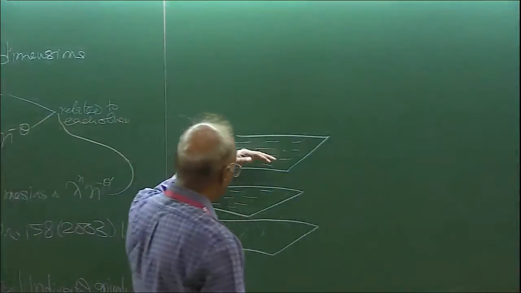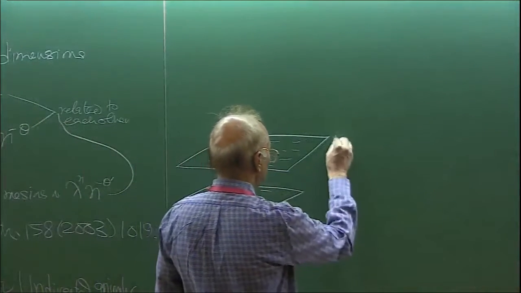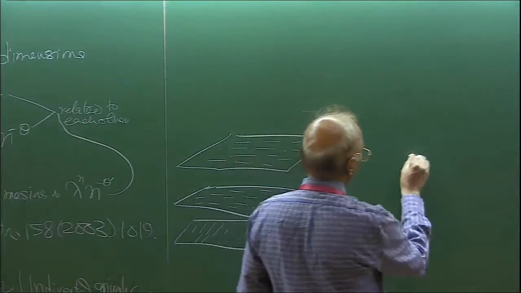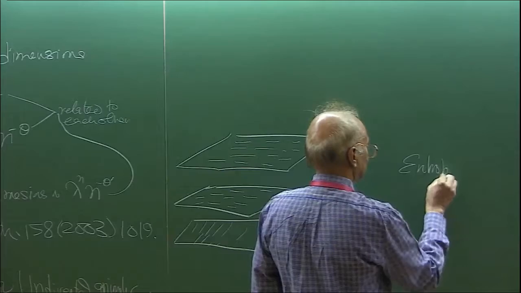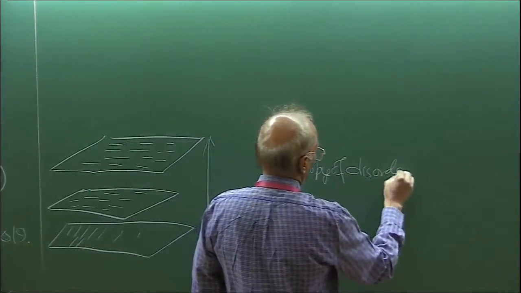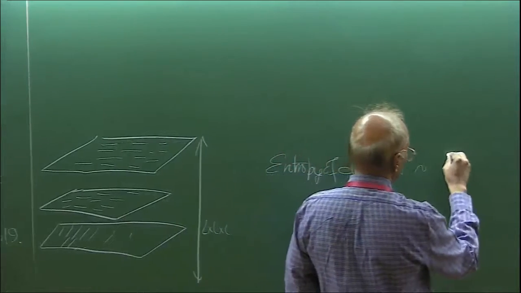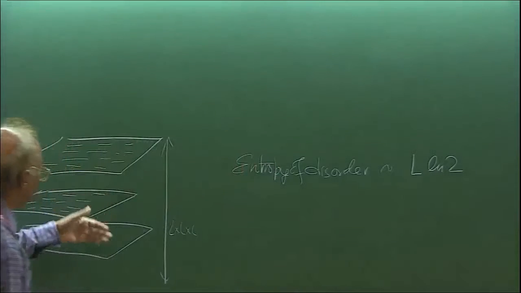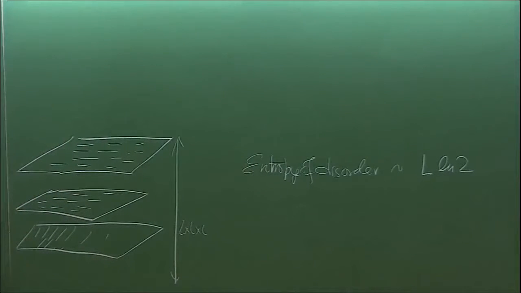So if you make them disordered, and this system is of size L by L by L, then there is an entropy of disorder, which is like L log 2, because each of the layers can be in two possible states, and the most general state is typically a disordered state.